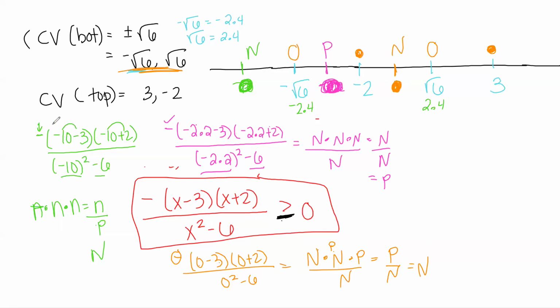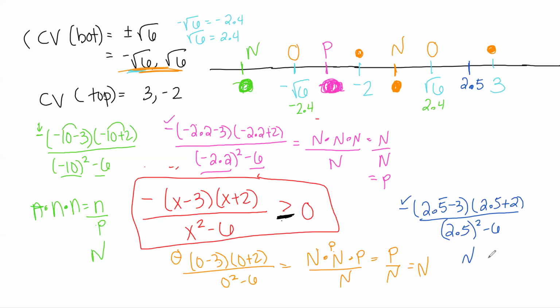Pick your favorite number between 2.4 and 3. It's not much choice here. I'm going to do like 2.5. Put that into the red box. Negative 2.5 minus 3, 2.5 plus 2, 2.5 squared minus 6. Okay, so on the top, this is negative, this would be negative, this would be positive.